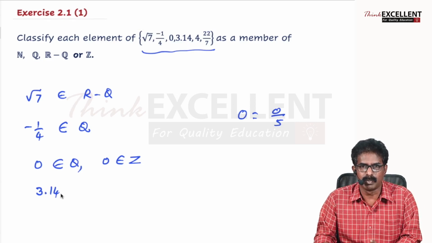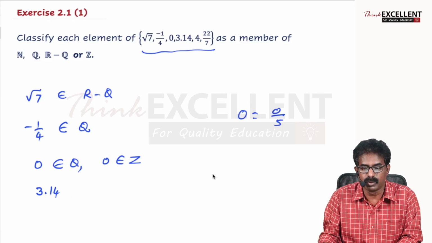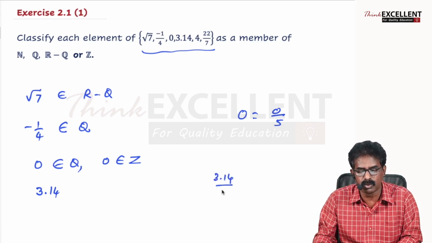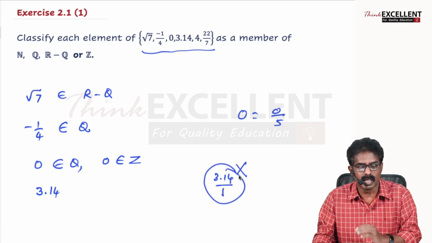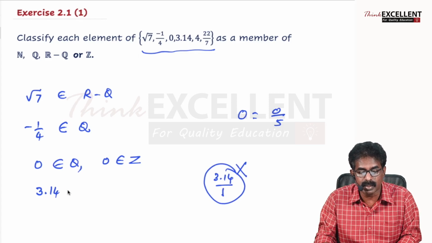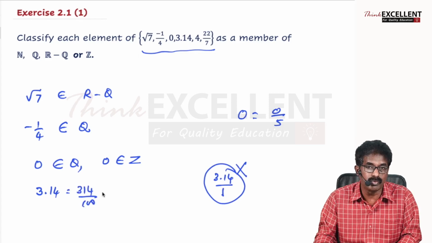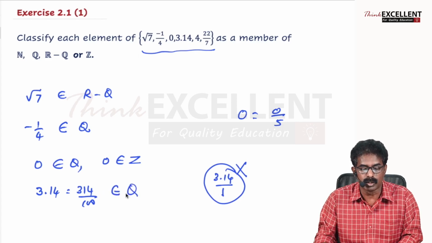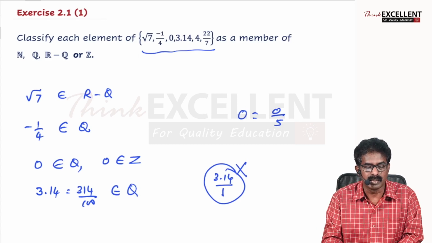Is it a rational number? Can you write it as p by q? Don't say 3.14 by 1 as the value of pi, we already studied that, right? No, that is not p by q form, since p and q are not integers. But 3.14 can be written as 314 by 100, in p by q form, where both p and q are integers, so you can say it belongs to Q, the set of rational numbers.